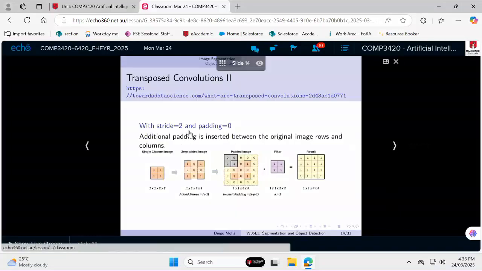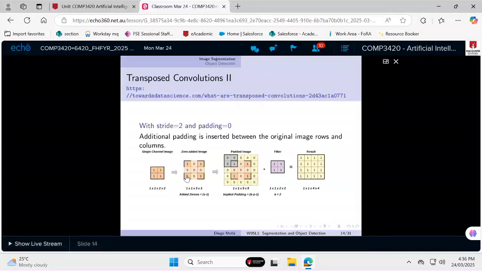This other example here is stride 2, padding 0. So now the new z is going to be s minus 1, so 2 minus 1 is 1. So you have interleaving ones. In this case, because it's only 2 times 2, you add 1 row, 1 column. If it was 3 times 3, you would have 1 row here and 1 row here, and then the third row.